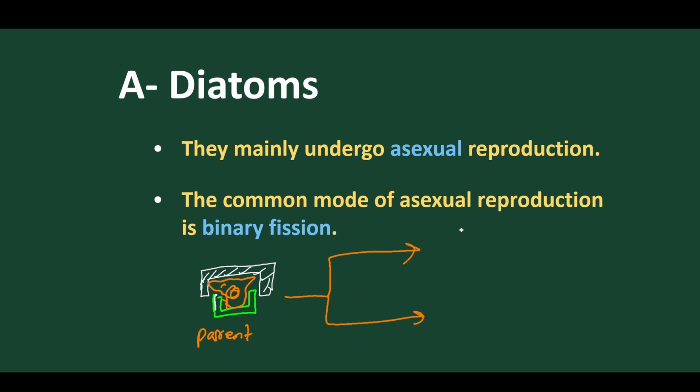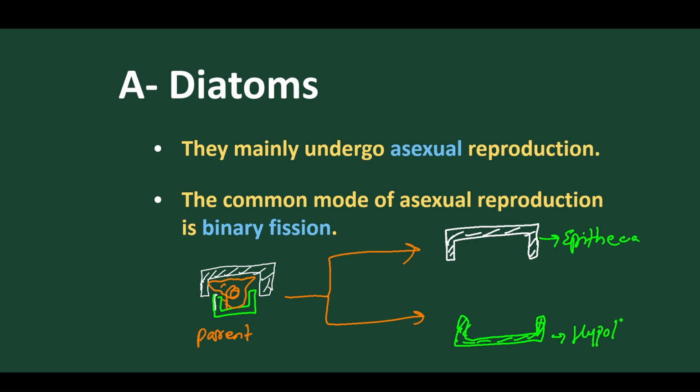One half of the parent epitheca is retained in the daughter. Similarly, the other half, the hypotheca, is also retained in the other daughter. So these are the parental parts. This is the epitheca part, retained in one daughter, and this is the hypotheca part, which is retained in the other.